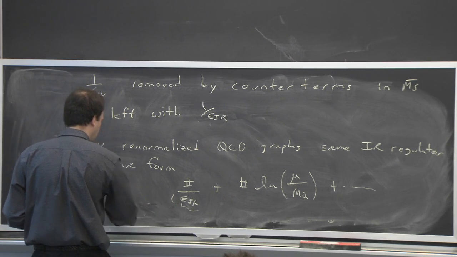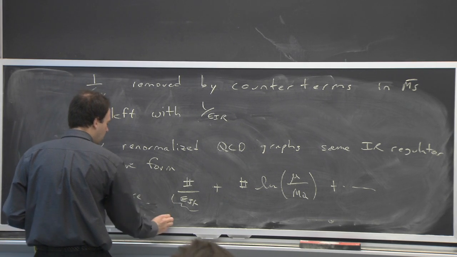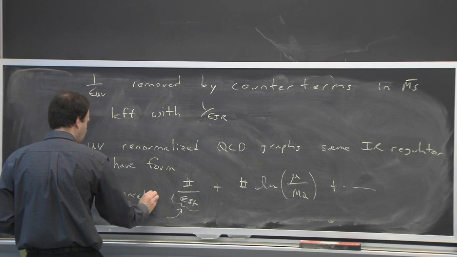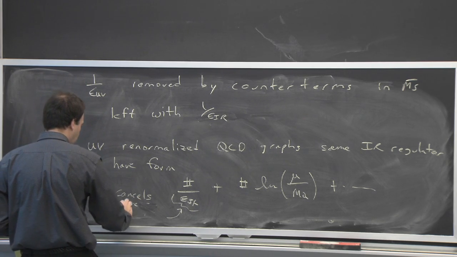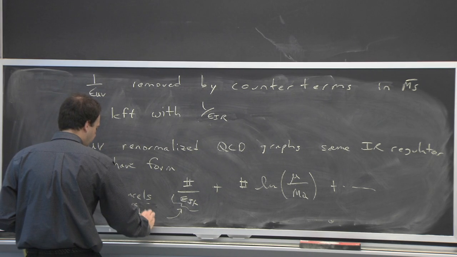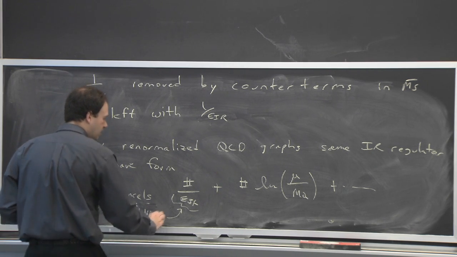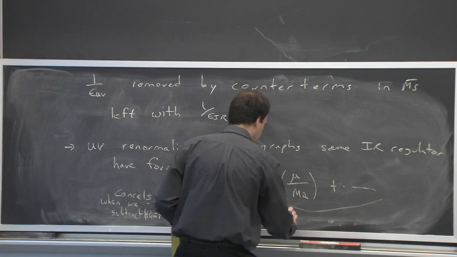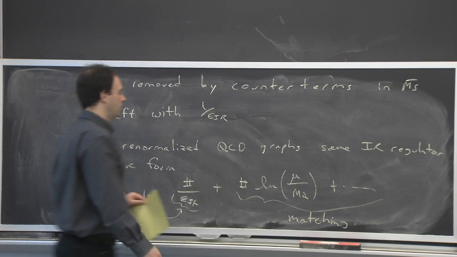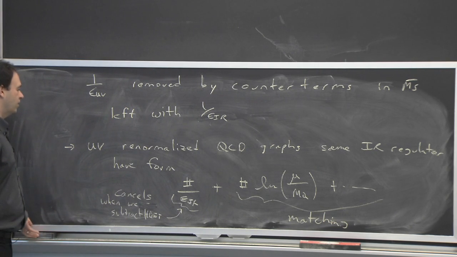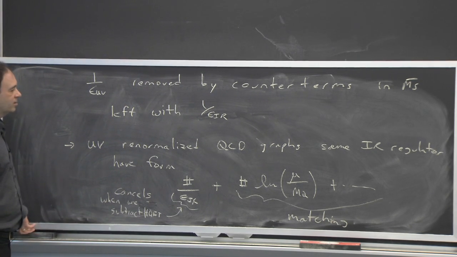So this guy here cancels when we subtract HQET. And so the matching is then just this. So I don't actually even have to consider calculating the HQET graphs, if I use all these facts that I know, if I trust them.